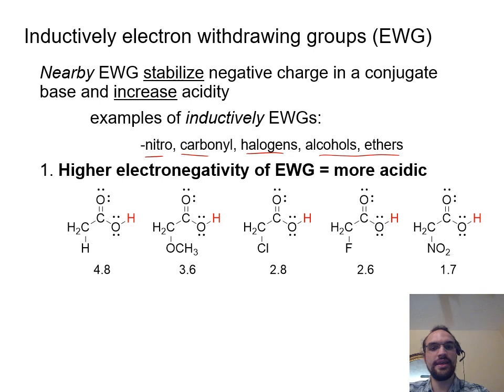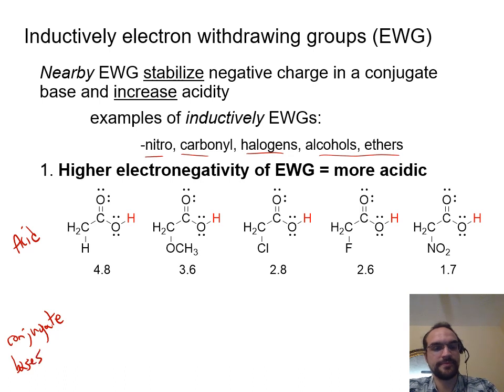So here is an example of a series of carboxylic acids. The more electronegative the nearby substituents are, the more stabilized the conjugate base will be. Notice here on the left we have acetic acid. These are all the carboxylic acid forms, and what we'll do down here is draw at least a few of the conjugate bases.